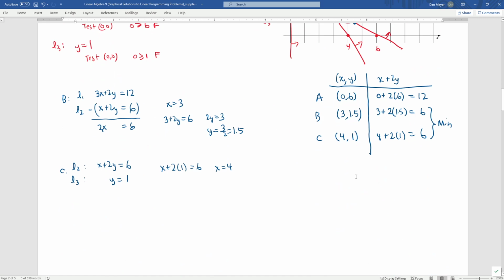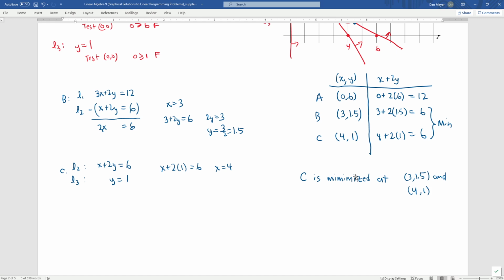Okay, so we're looking to minimize. We found the smallest value. I guess we kind of did step 4 right away. So we have our cost function. C is minimized at, let's see, (3, 1.5) and (4, 1).